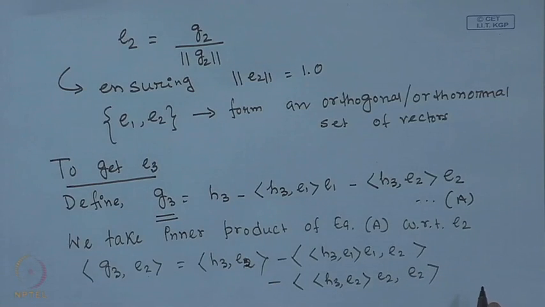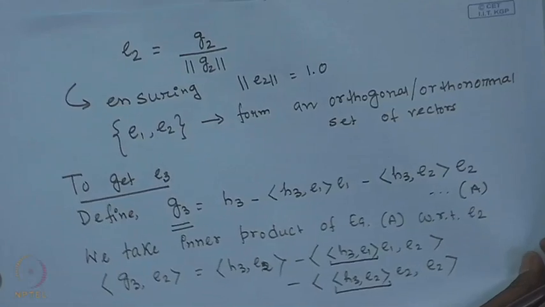Now, again we will be utilizing the properties of the inner product, that inner product of alpha x and y is equal to alpha multiplied by the inner product of x and y, where alpha is a scalar multiplier. Again, inner product is always a scalar, this is a scalar multiplier, this is another scalar multiplier. So, they can be taken out of this bigger inner product sign.